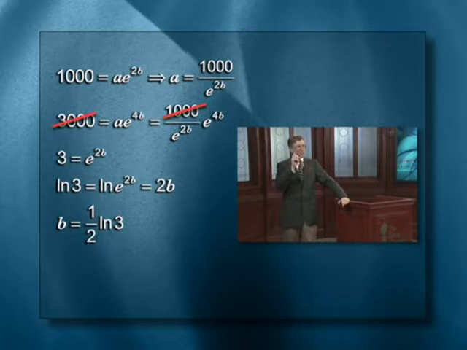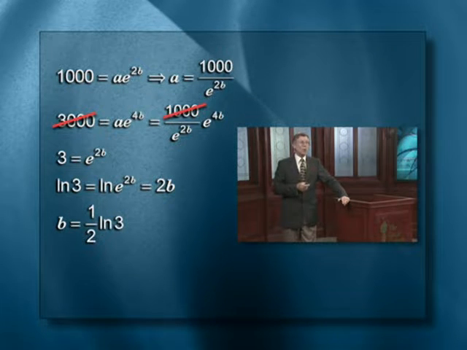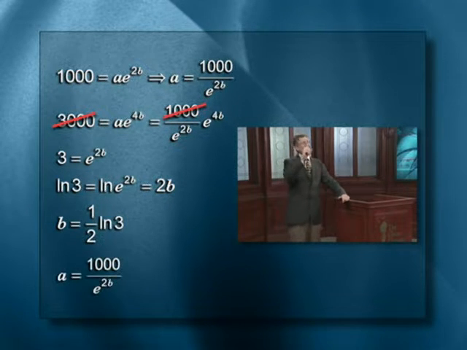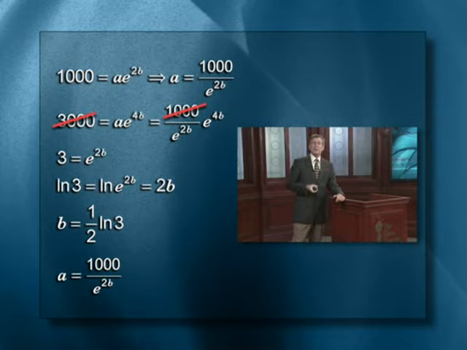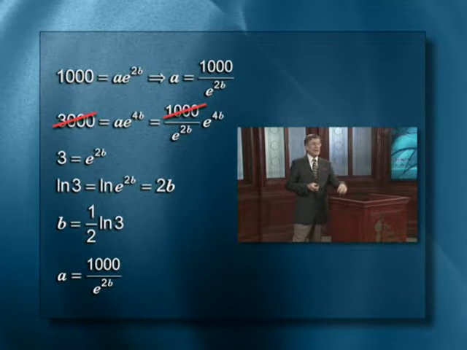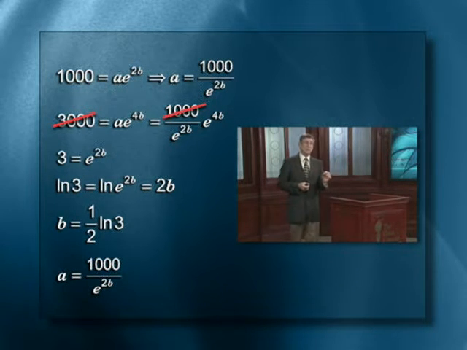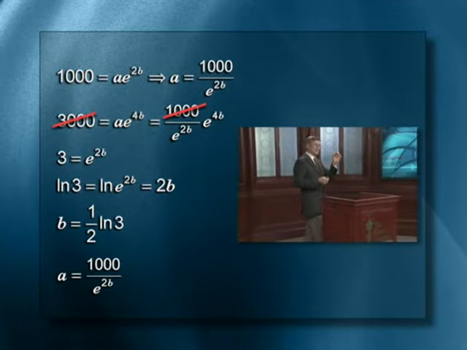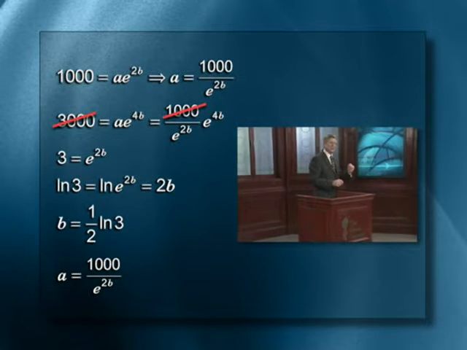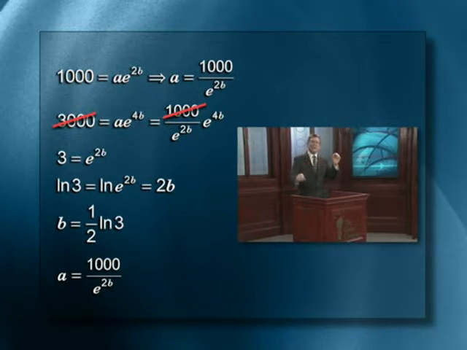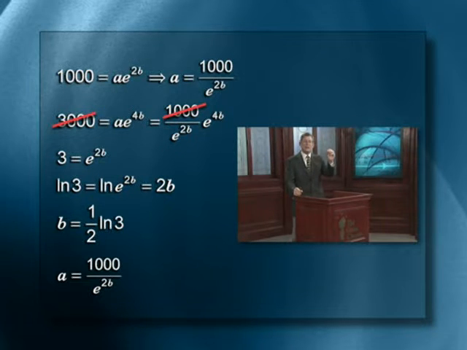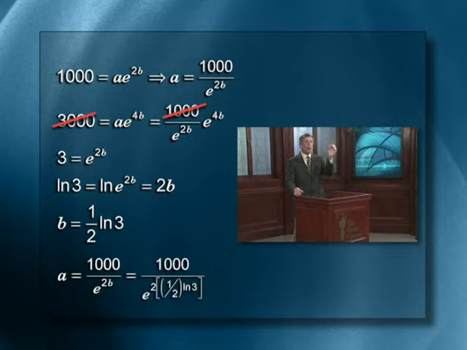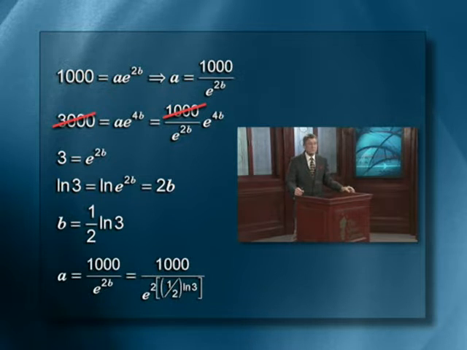Good. We got one of the 2 constants. What about a? Well, go back to the equation for a as 1,000 over e to the 2b and plug in this value of b. It looks a little messy, but some nice cancellations will occur. a equals 1,000 divided by e to the 2b, and instead of b, I put 1/2 log 3.